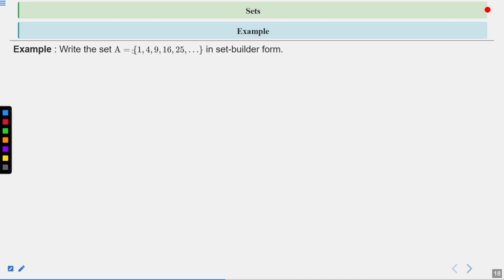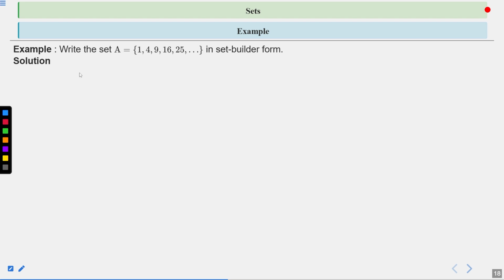Now, let's see if your roster form is given to you, say capital A, your set's elements are 1, 4, 9 and so on. And we have to find out some common property possessed by all elements by which we can make this roster form into set builder form.